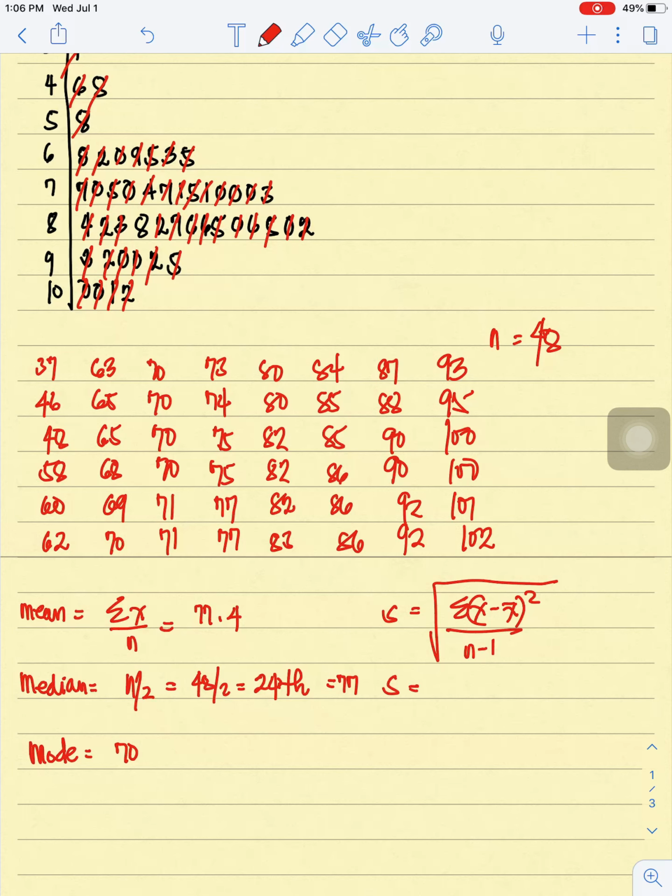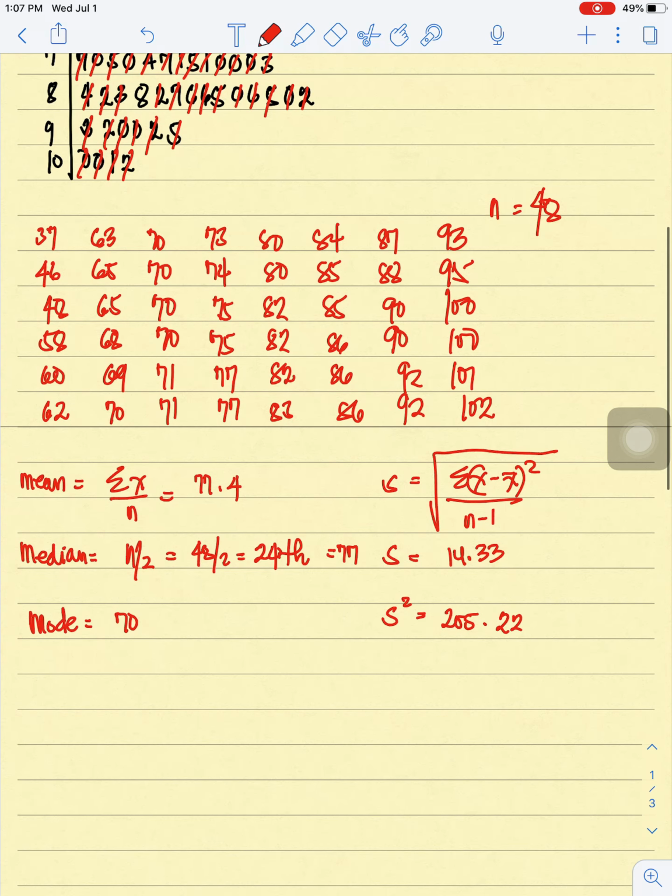Our standard deviation S is 14.33. Then let us square this for the variance. Our variance is 14.33 squared, which is 205.22.